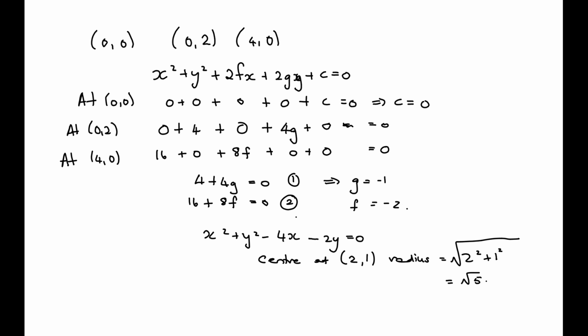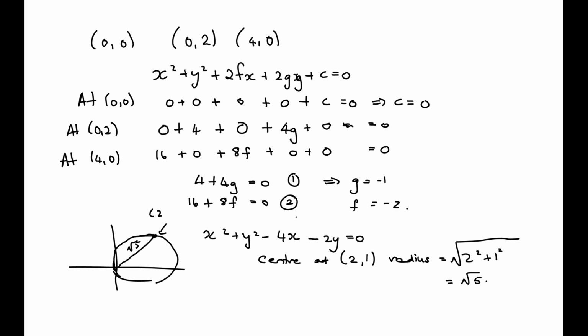So if we wanted to draw that, it's going to have a centre at (2, 1), and it's going to have a radius of root 5, and yeah, it's going to be a circle around there. Not a very good circle, but you get the idea. Oops, that's not even close. I won't even do that.